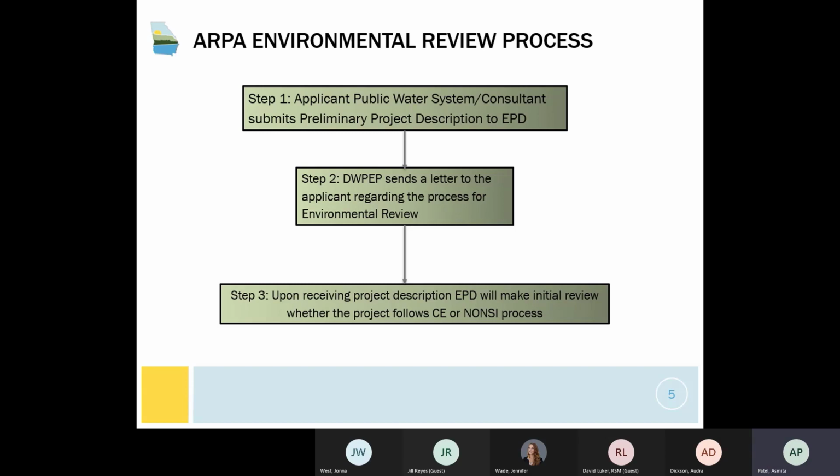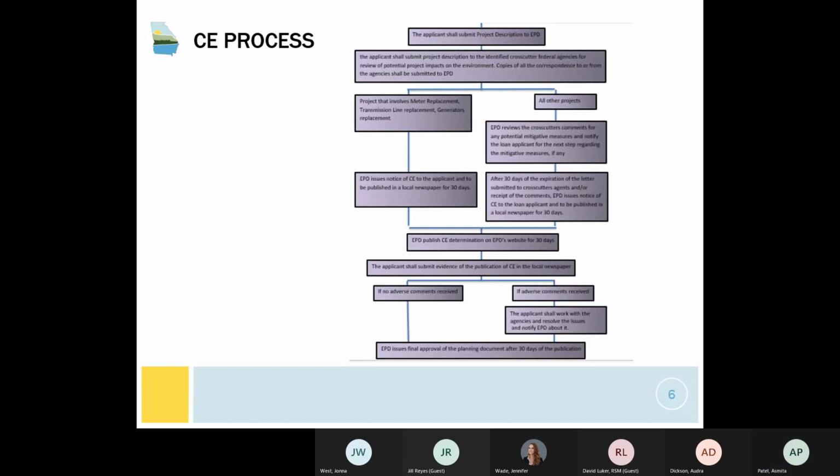The third step: upon receiving the project description, EPD will make an initial review of whether the project will fall under the CE or non-CE process. So let's talk more about how this CE process works.